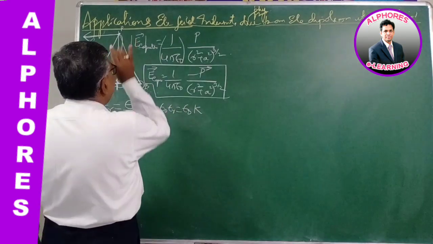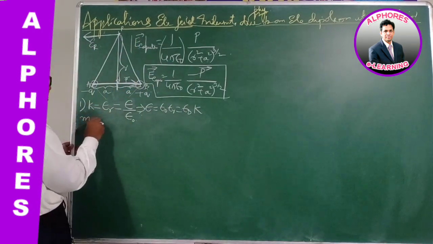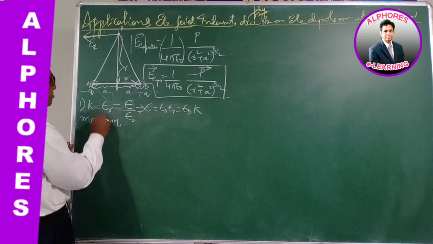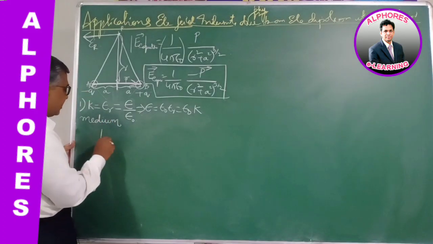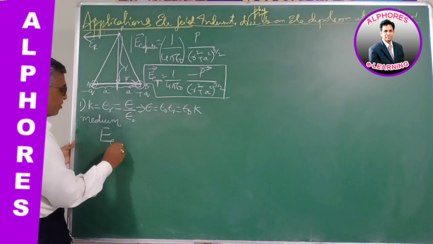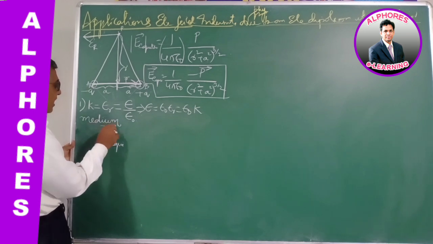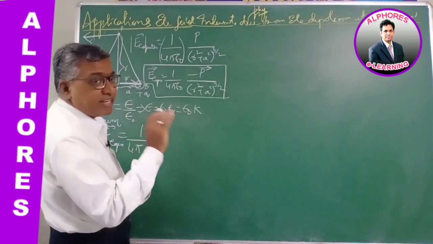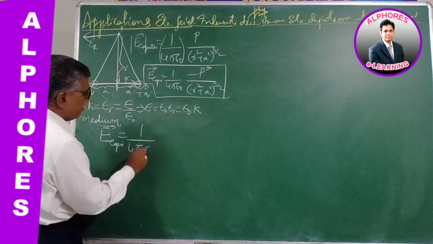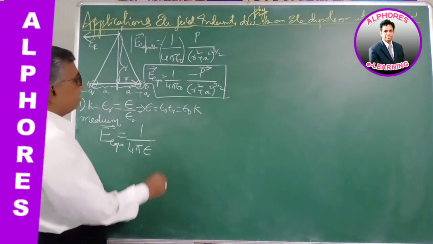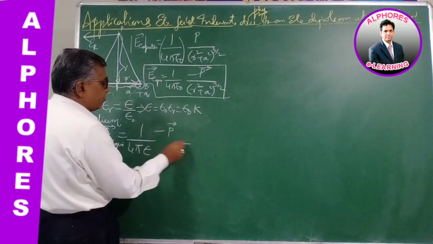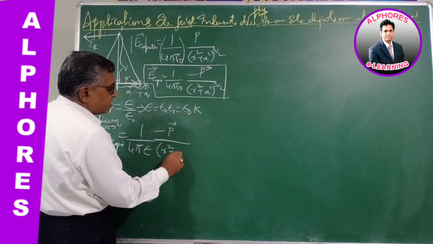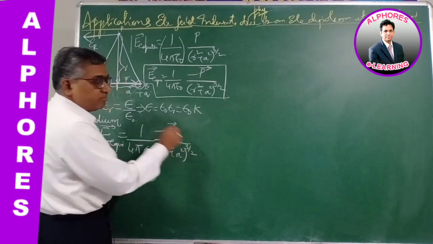So in a medium instead of air, suppose this dipole is in a medium, then the electric field intensity on the equatorial line is 1 by 4 pi epsilon. It's not air, it is a medium, so in the medium the electrical permittivity is epsilon. It's minus p bar by (r square plus a square) whole power 3 by 2.